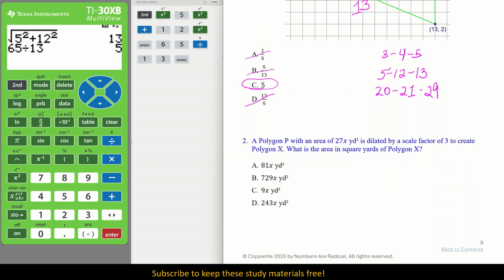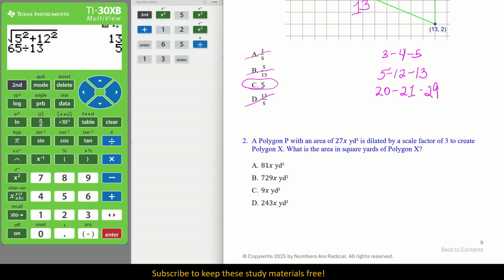A polygon P with an area of 27x yards squared is dilated by a scale factor of 3 to create polygon X. What is the area in square yards of polygon X?